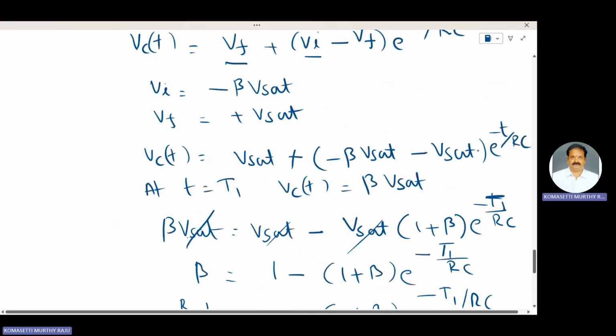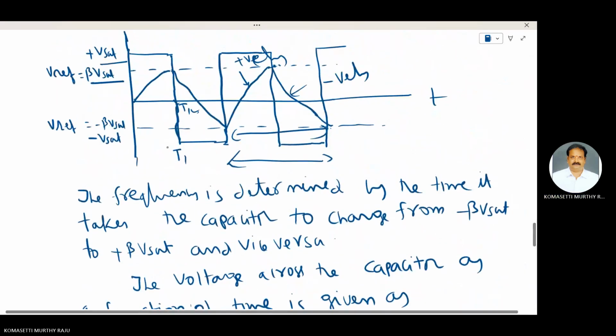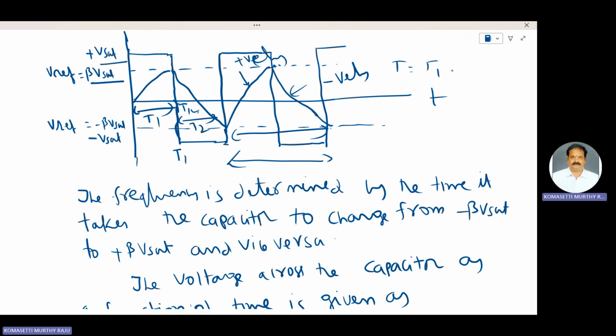But the time period T is T1 plus T2; this one is T1, this one is T2. This is the symmetrical square waveform, so T1 is equal to T2.